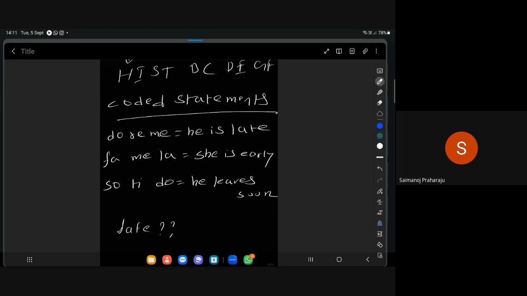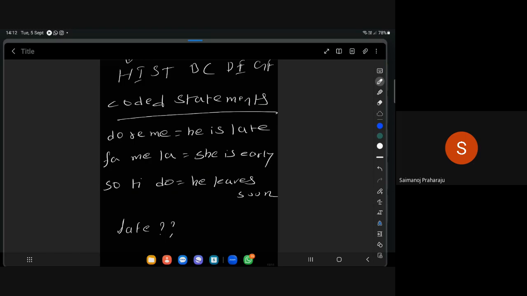Then Pa me la is equal to she is early. Then so ti do is equal to he leaves soon.